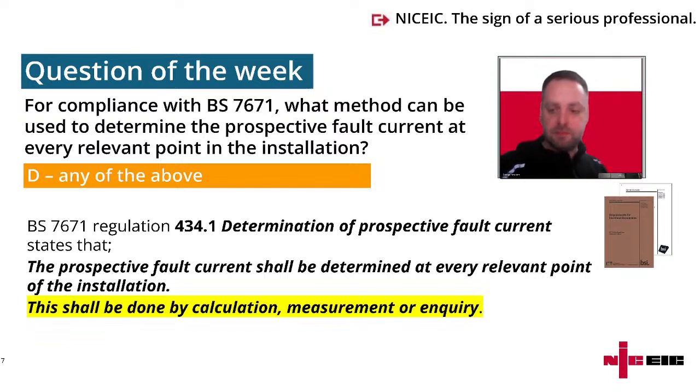If you've got a live operational installation, you might be able to do measurement, but when you're doing your design, you need to consider fault currents in order to get the correct ratings and sizes. So you have to do it in both instances, and that's where the calculation method comes in, and perhaps if you're looking at the origin, then inquiry to the DNO.